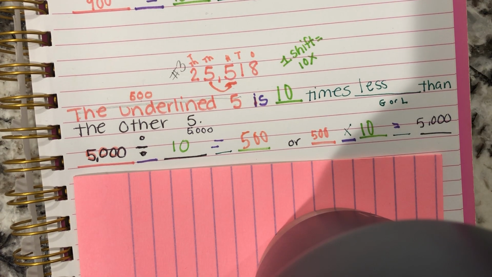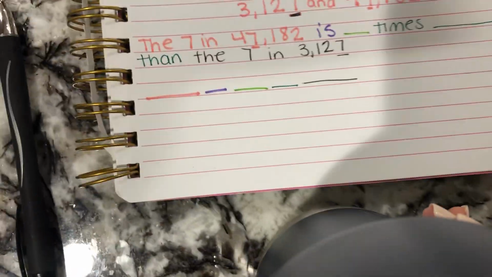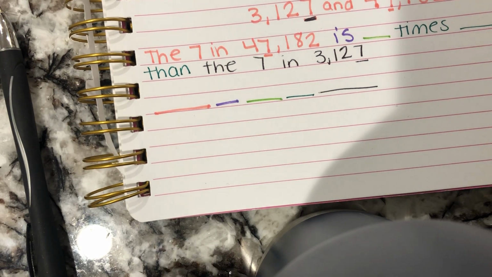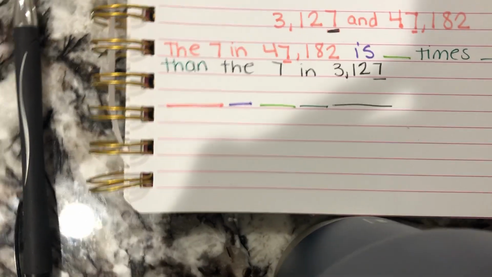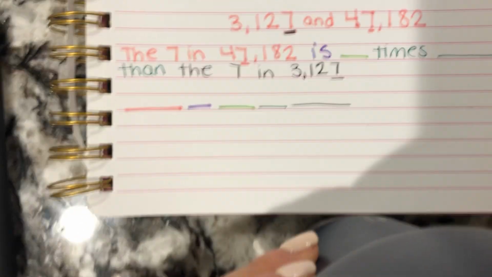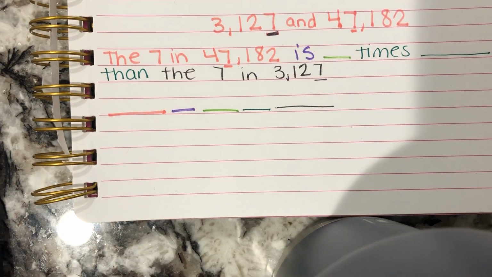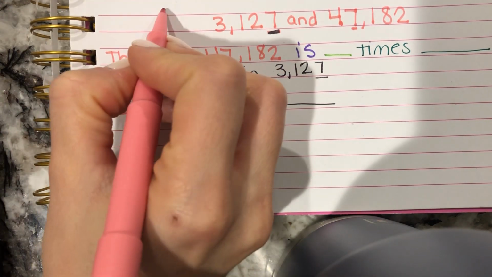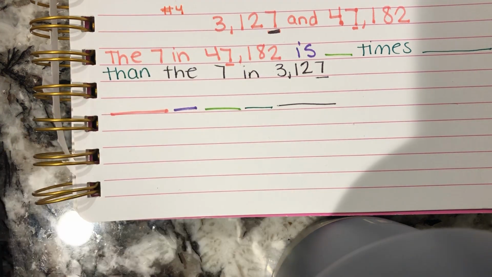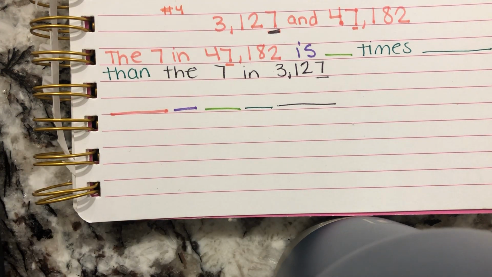All right. That's question number 3. Last question of the worksheet. This time we're comparing two different numbers. We're comparing 3,127, where the underlined digit is a 7, to the 7 in 47,182.